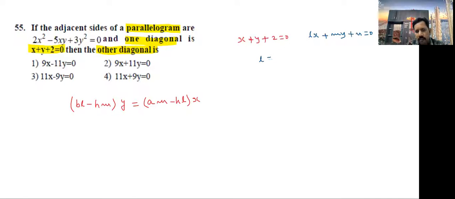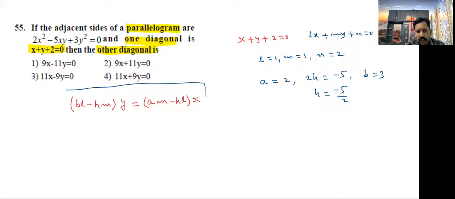What is the l value? 1. m value? 1. n value? 2. And observe the pair of lines: the a value is 2, 2h value is -5, b value is 3, h value is -5/2.